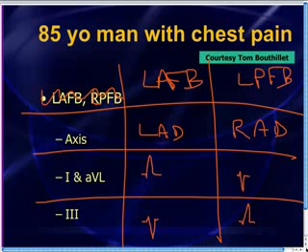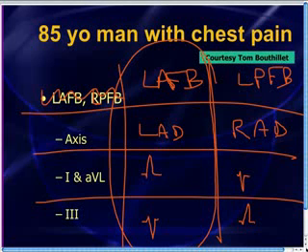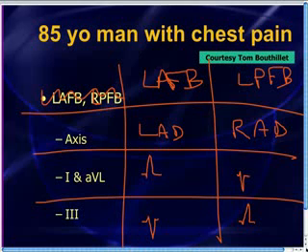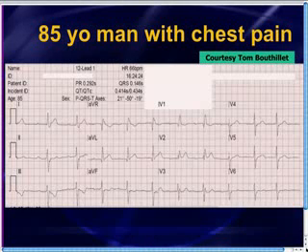So if you simply remember one of these, let's say you just remember left anterior fascicular block, then you automatically know left posterior fascicular block because it's the exact opposite. So let's take a look at that 12-lead EKG and see if it has evidence of left anterior fascicular block. Well, we already know there's a left axis deviation.